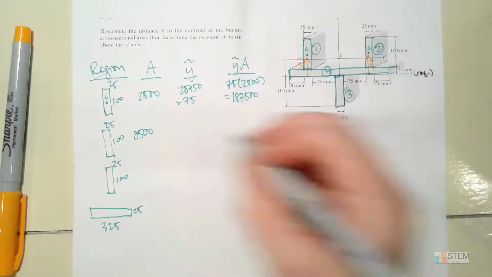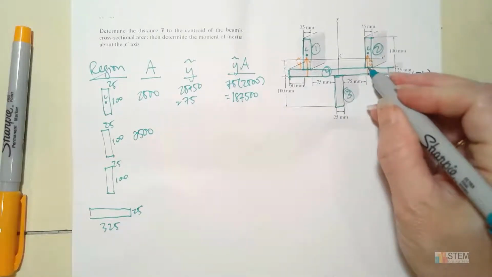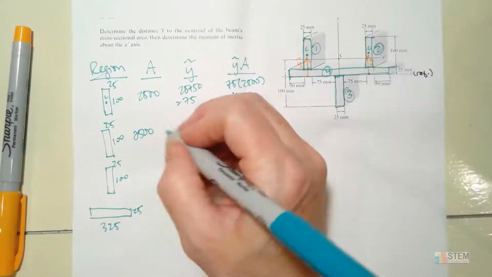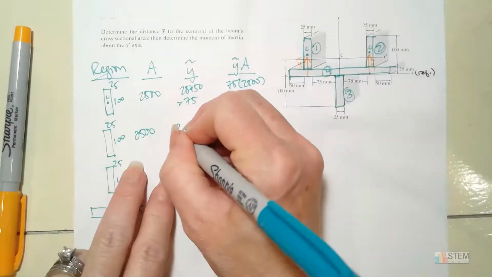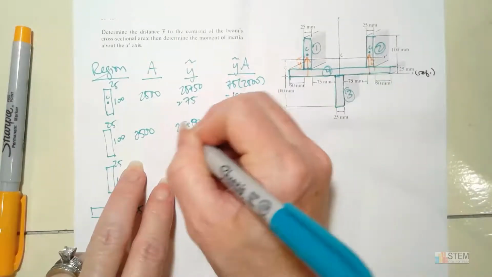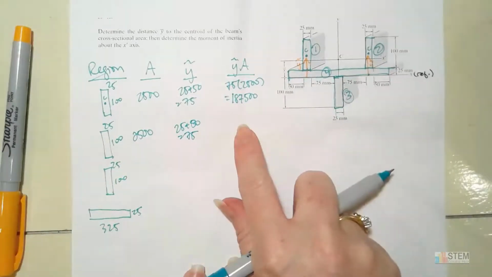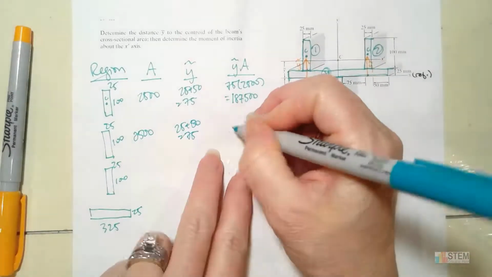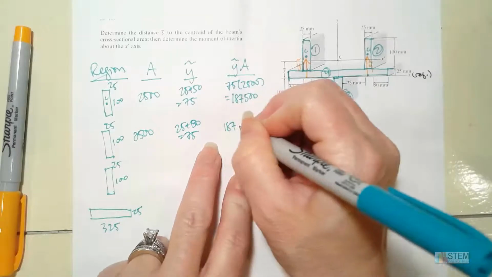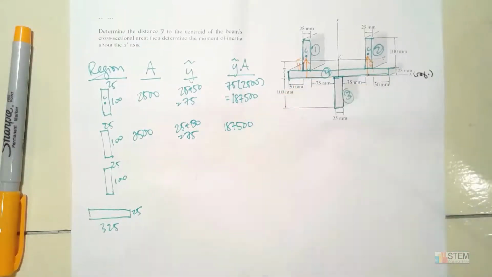Y tilde, again, we go up the 25 and then add 50 to get to that midpoint. So that's going to equal 75. And then here you get the same thing that we had above. So the 187 and then 500.